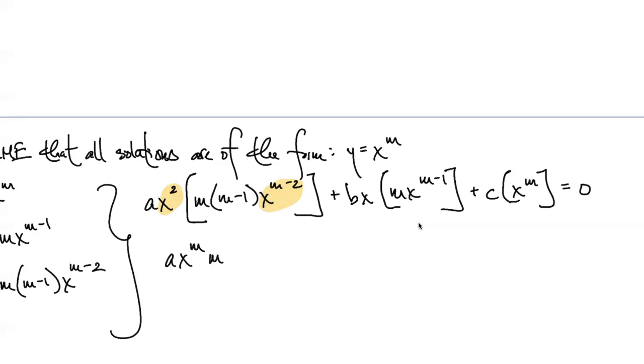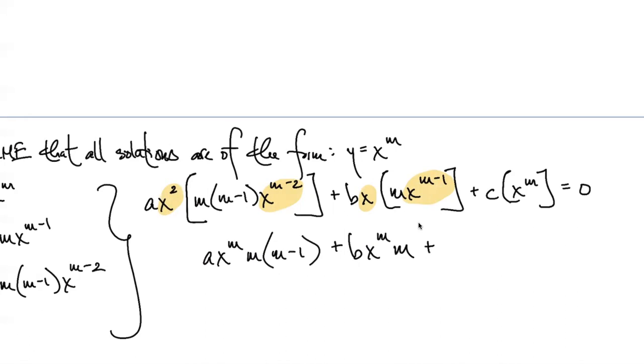And we'll still have our m and the m minus 1. So all of this comes from that first clump. Plus, let's see what happens in the second one. Again, we have this x and then x to the m minus 1. And if we multiply those, we'll just get x to the m. So bx to the m times m. Plus our last one, we don't have much to do. It's just cx to the m equals 0.